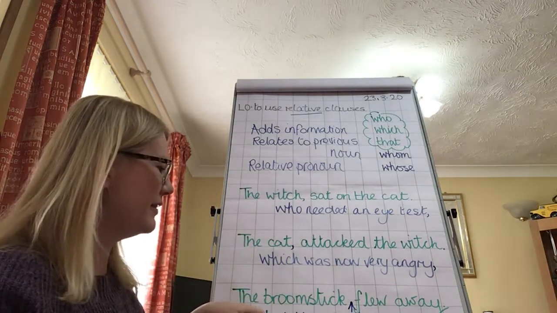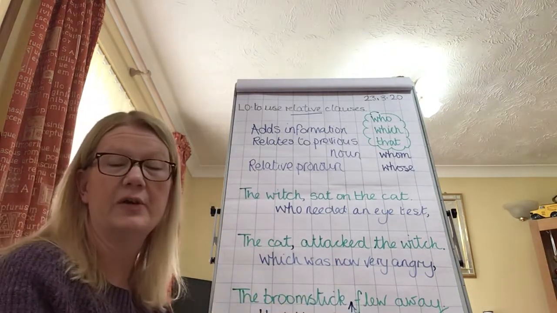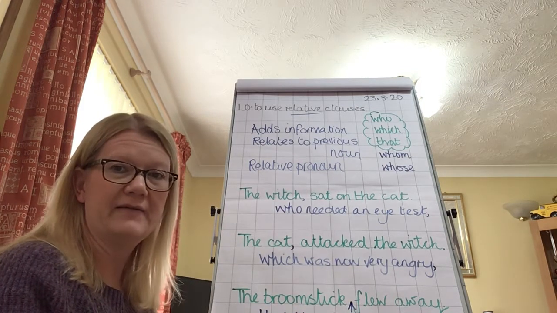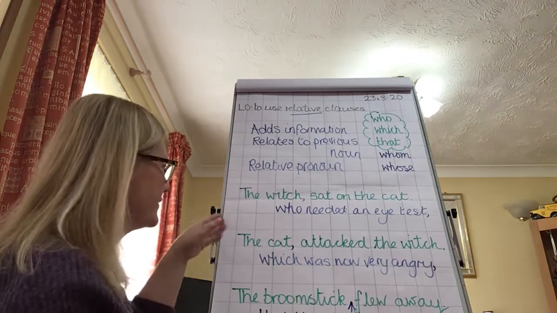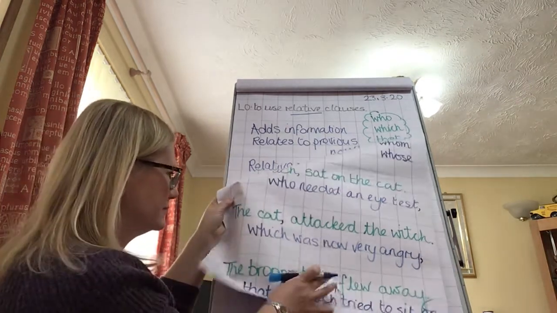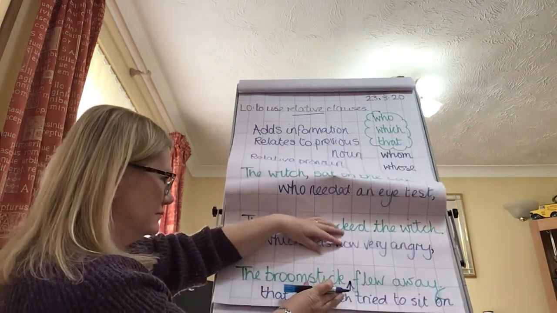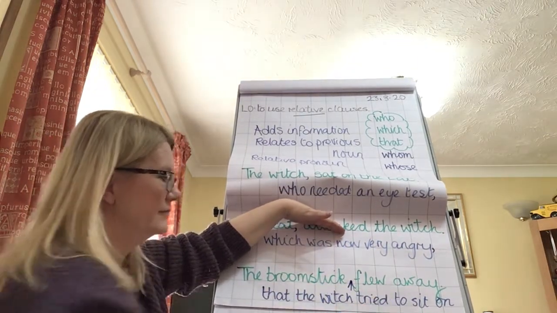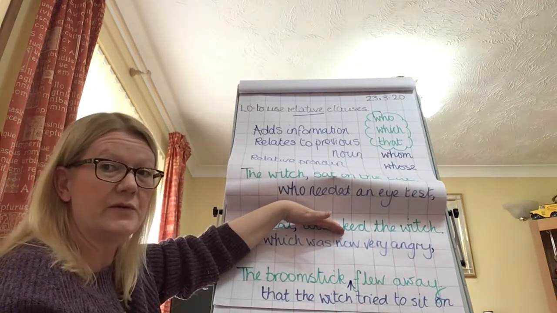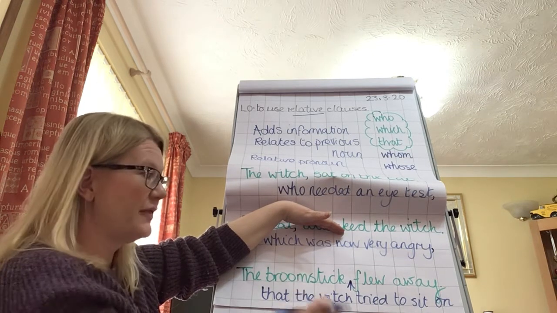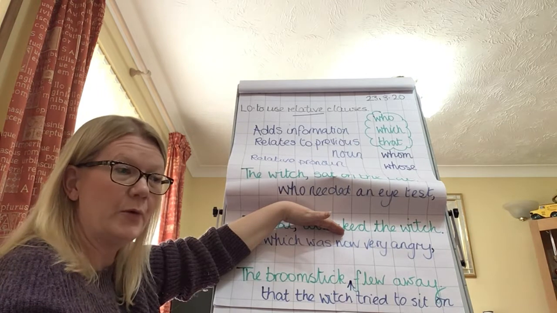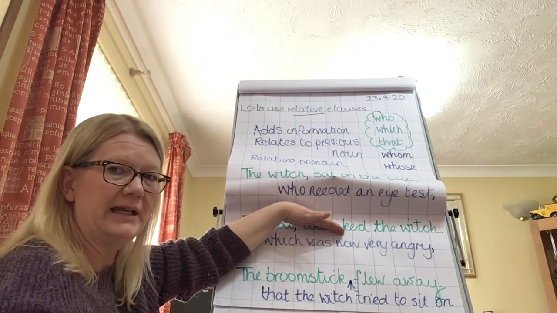The broomstick that the witch tried to sit on flew away. Because it's essential to the meaning of the sentence, and you can't see it, because it's essential, we do not use commas. If we took that out, although it would still make sense, it wouldn't get across the key meaning of the sentence.